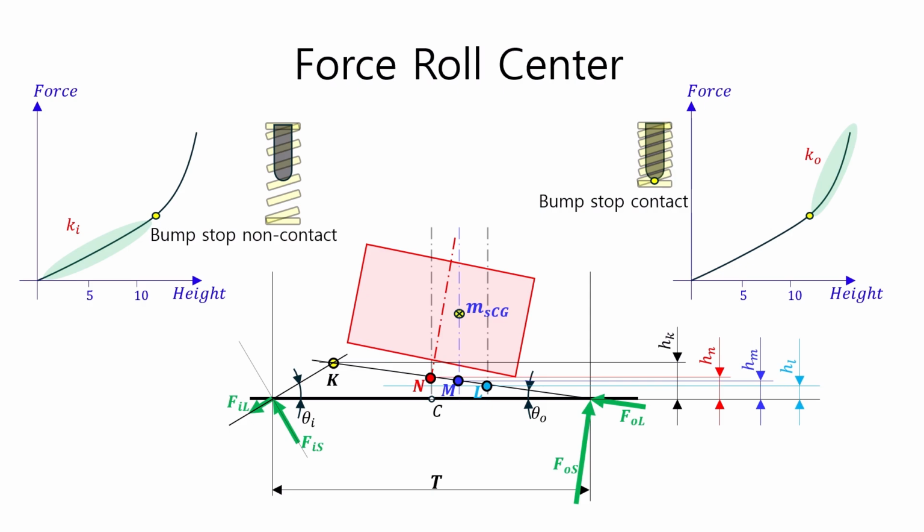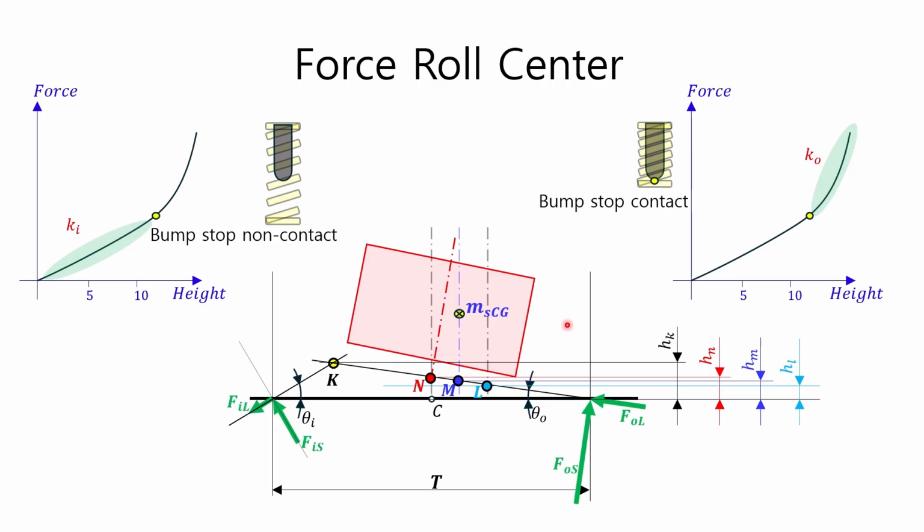Next, let's look at point M. Point M is the point where the vertical line drawn down from the center of gravity MSCG intersects the line connecting the right tire contact point and point K. Point M cannot be considered a force roll center either. This is because the right bump stop has been activated, increasing the right spring constant.